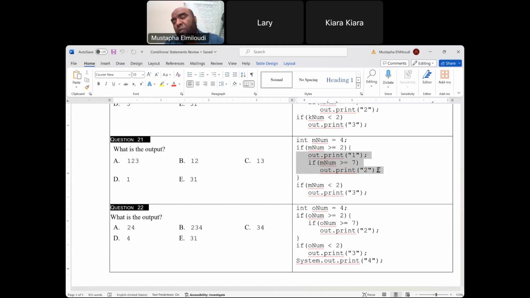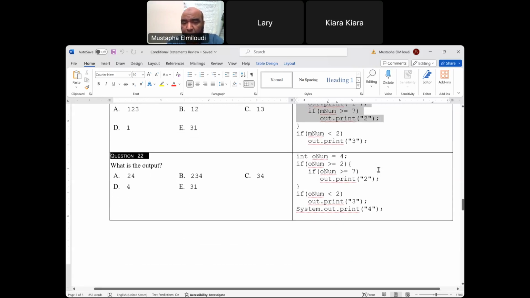And then it's going to move on to whatever is left over. Since the condition is true, then you will print 1, and then you test the second if statement, which is false. So you printed only 1. And then you're going to move to the last statement, which happens to be false, because 4 is not less than 2. So basically, you printed only 1, which is D.